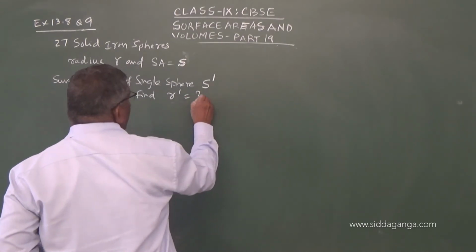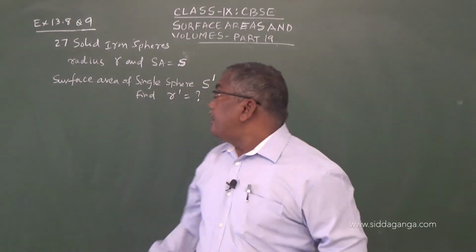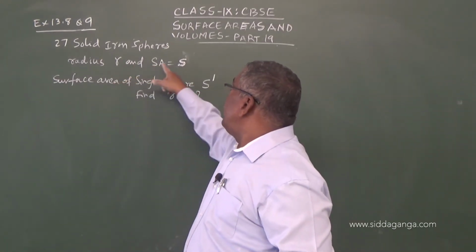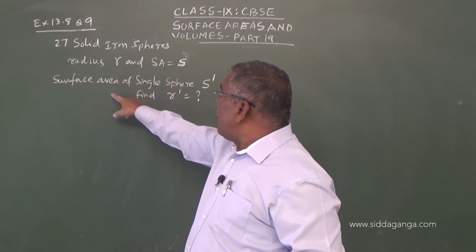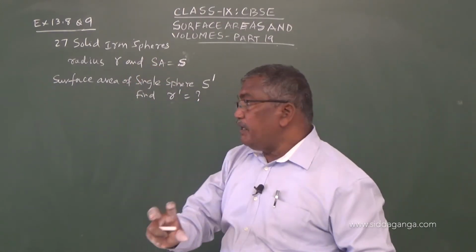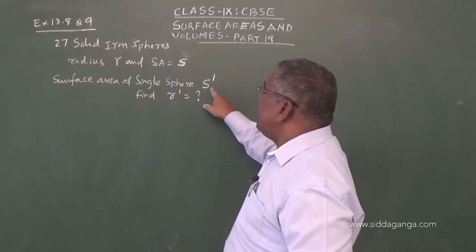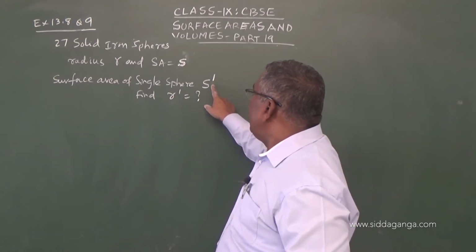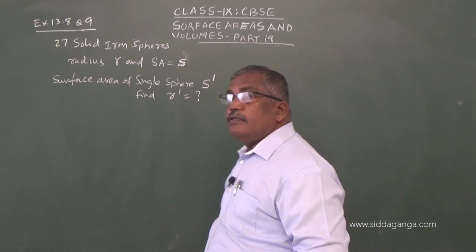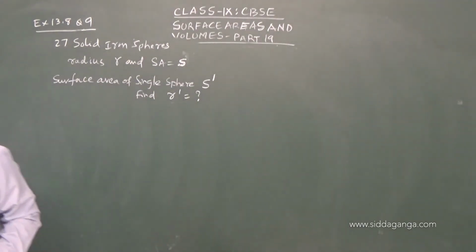So 27 small balls, their radius is R and surface area is S. They are melted to form a single sphere. Its radius is R dash and surface area is S dash. So here S dash is known and we have to calculate the R dash, that is the radius of the new ball.